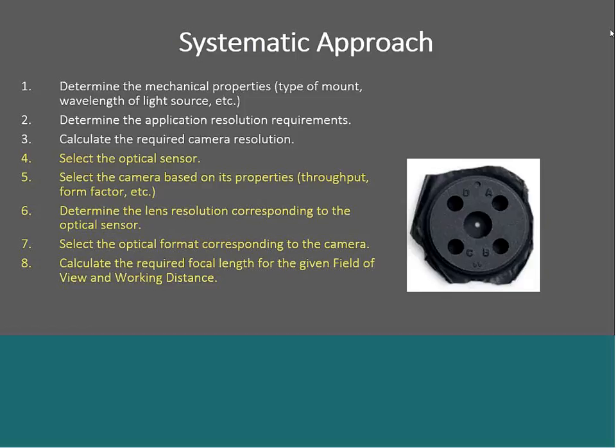Determine what the application resolution requirements are, so you know what the size of your defect is, and you need to extrapolate from there. Calculate the required camera resolution. So, those are the steps that we're going to go through to select our lens, step by step.